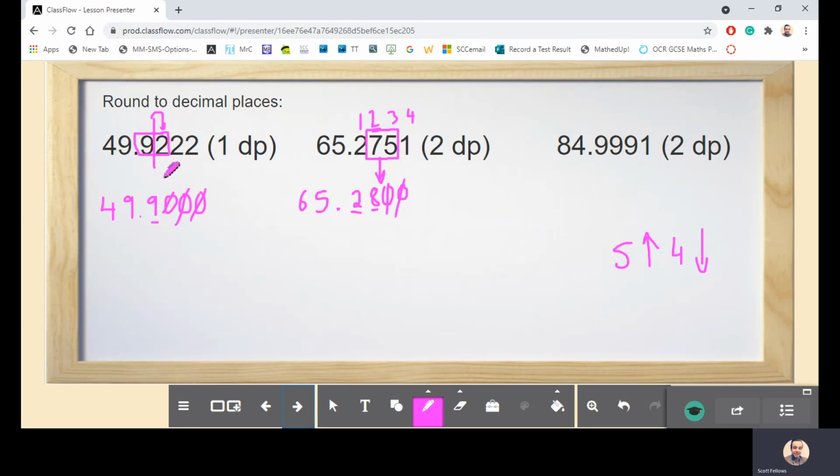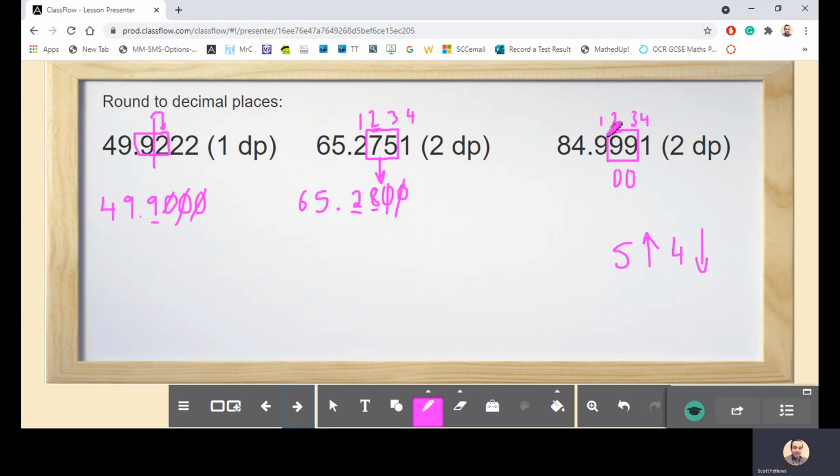Okay, so this one's a bit more tricky. 2 decimal places again. So we've got 1, 2, 3, and 4. So we're looking 2 decimal places, so it's 2 and 3 we're looking at. So it's these 2. So 99 is going to round to 100. Okay. So we've only got 2 digits there. So what it's going to mean is it's going to add 1 onto here. So it's going to add 1 onto there, but that's going to make that into 10.